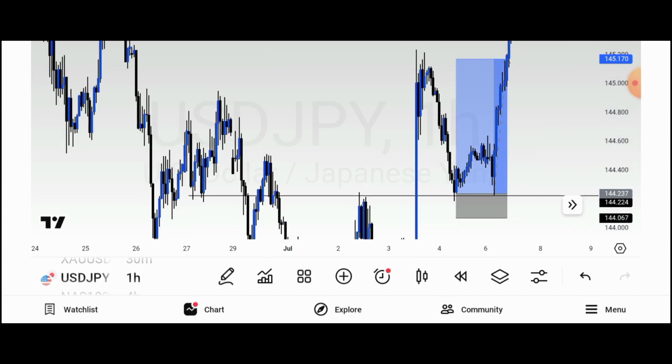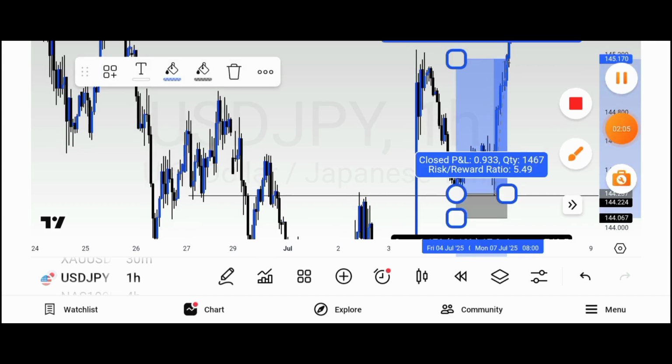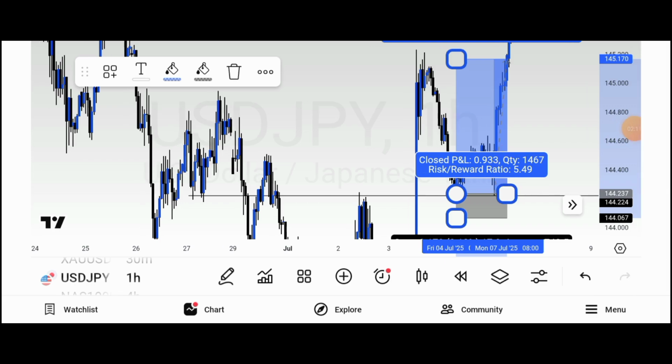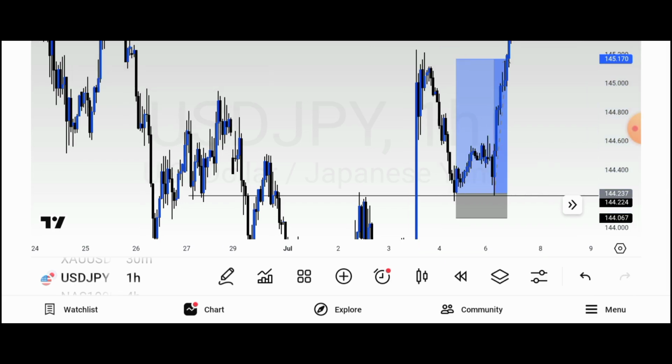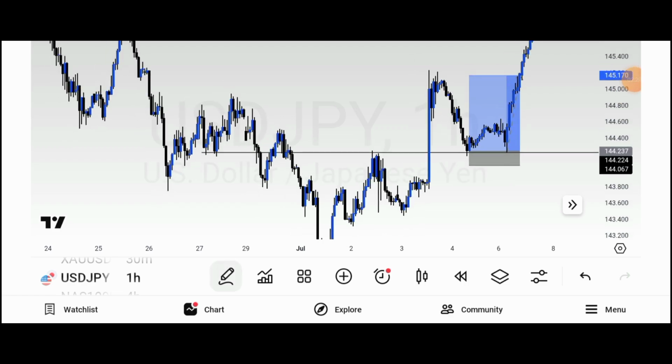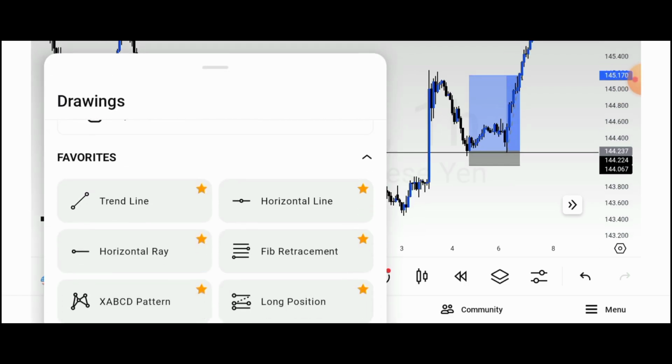So guys, you can see this is a good 1:5 risk to reward. It means that if you are risking anything, you are going to make 5 times of it by trading this simple support and resistance strategy. You combine it with other confluences. I've talked about how to use Fibonacci before.